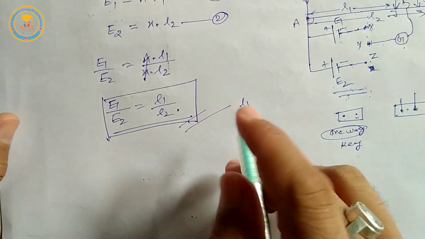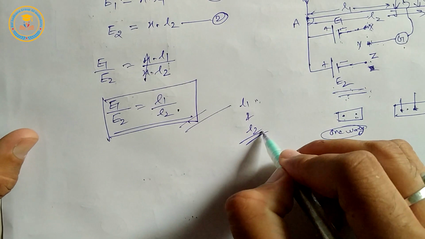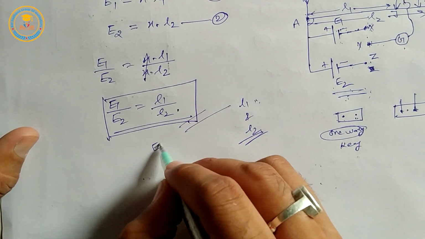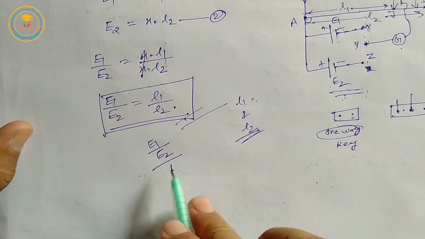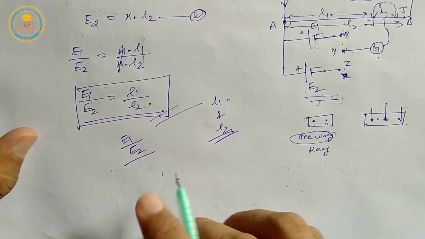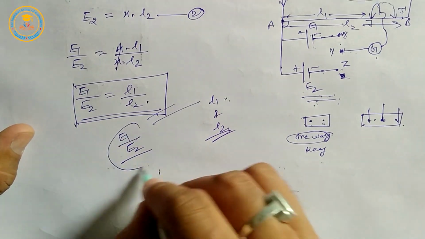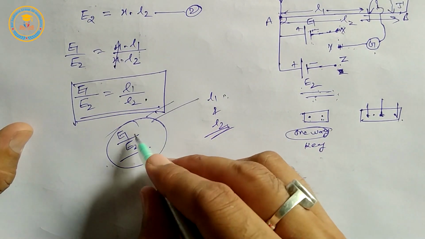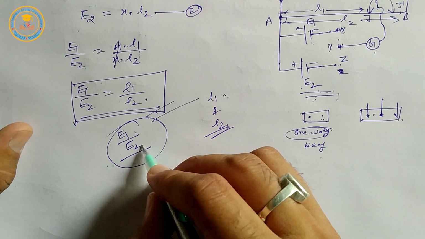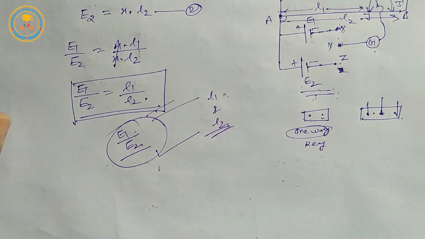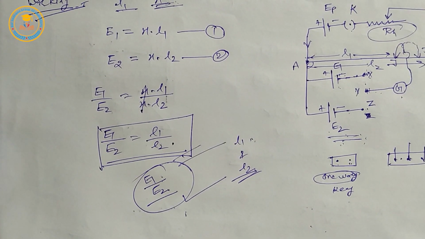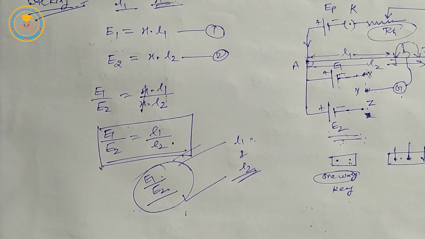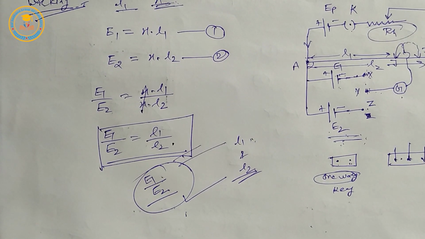For different L1 and L2, we determine different values of E1 over E2, and we find the average value of E1 over E2. So we determine the ratio of the EMFs of the cells, and we can say that we compare the EMF of two primary cells.